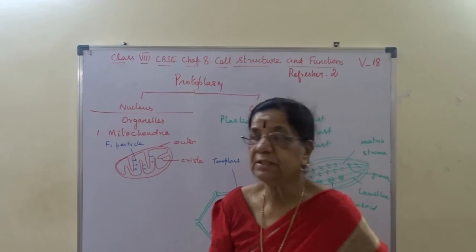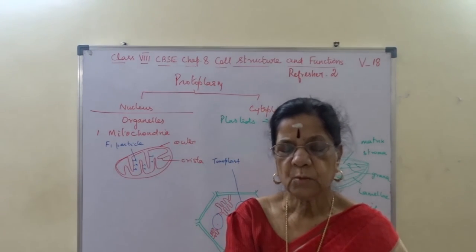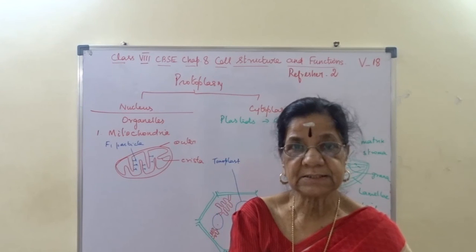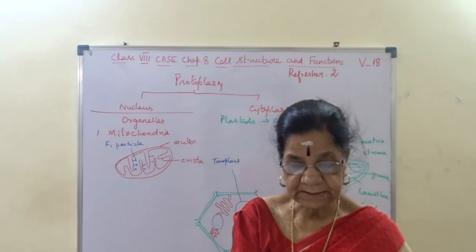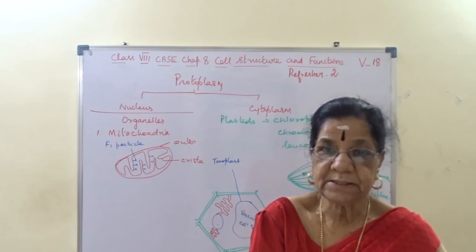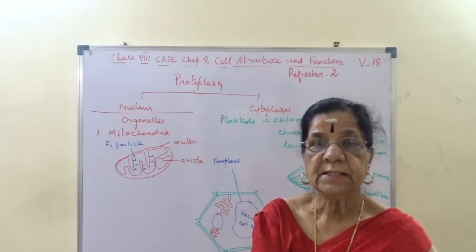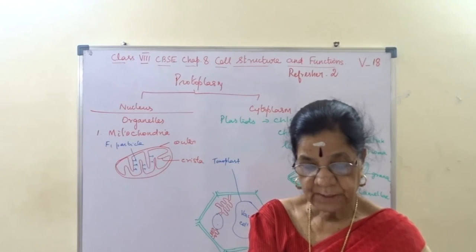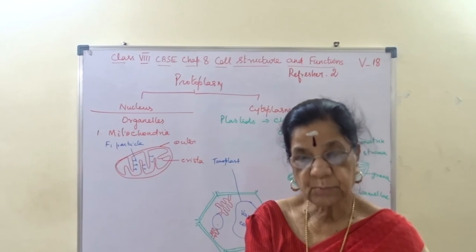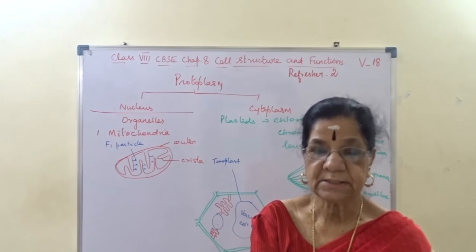Now the difference between prokaryotic and eukaryotic cell. Prokaryotes are smaller in size and lack a well-defined nucleus. Only the genetic material is represented, and that is called nucleoid or incipient nucleus. This prokaryotic cell lacks membrane bound cell organelles, and ribosomes are smaller in nature.